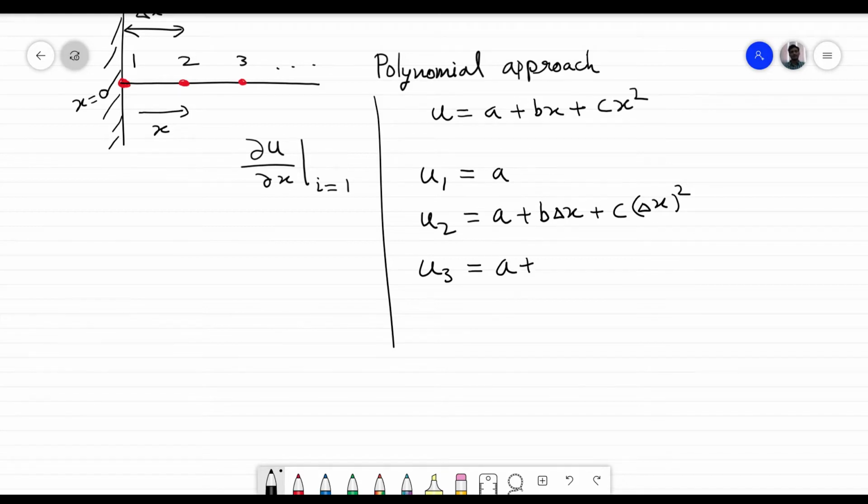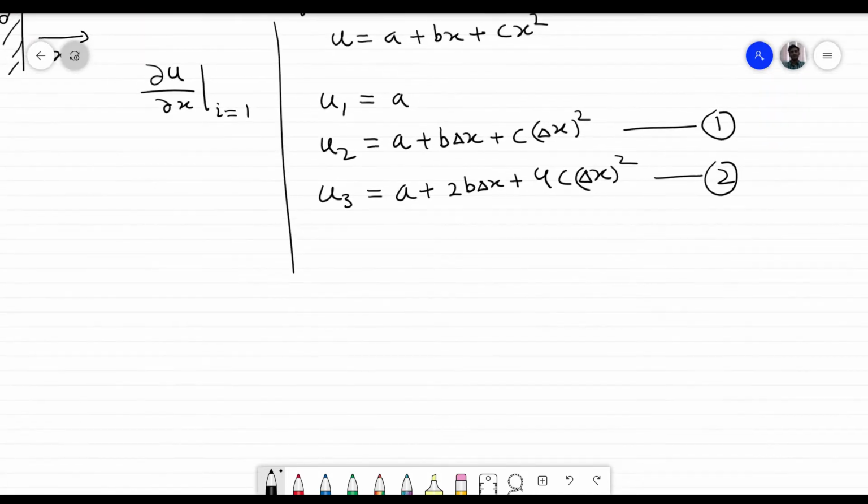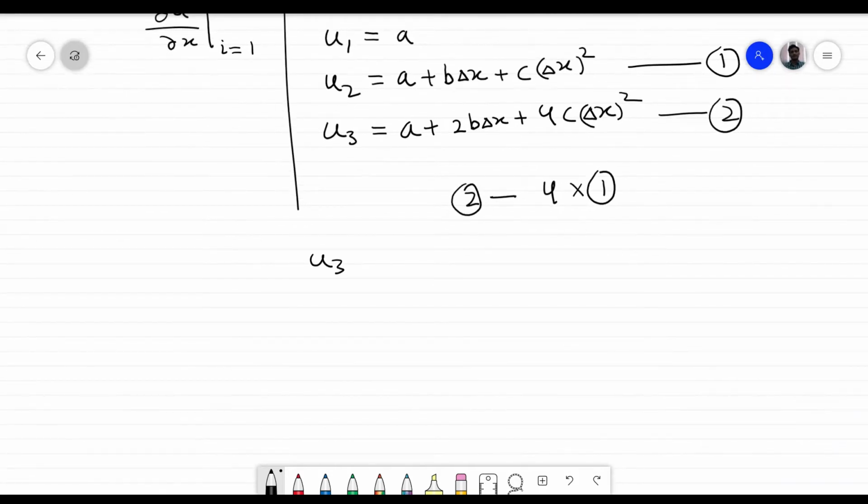This becomes a plus 2b delta x plus 4c delta x square. Let us call it 1 and this 2. Now if you subtract 4 times 1 from 2, you will get u3 minus 4u2 as minus 3a minus 2b delta x.